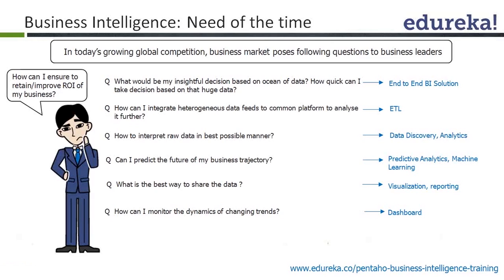Question number one, insightful decision. Whatever decision you are taking in the context of your business growth should be an insightful decision. It should not be based on just competitive pressure, peer pressure or market pressure, but on some insight.